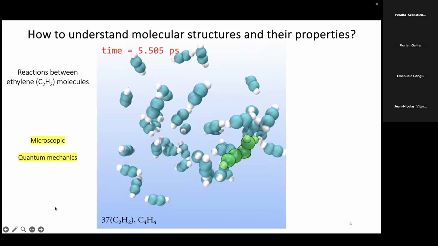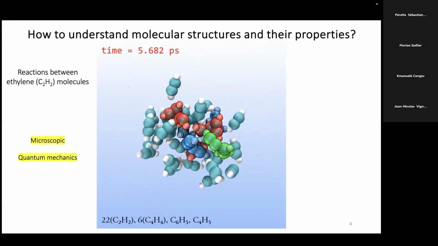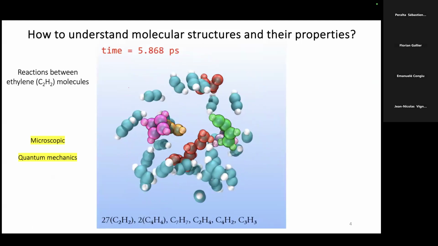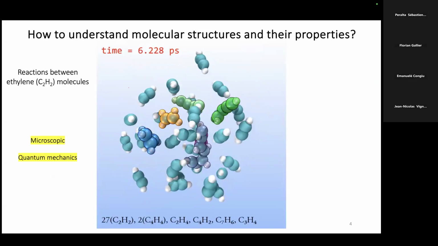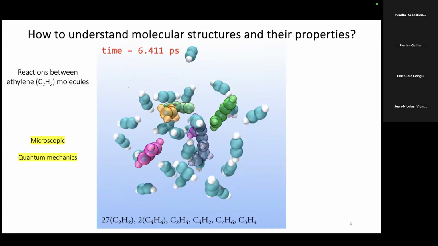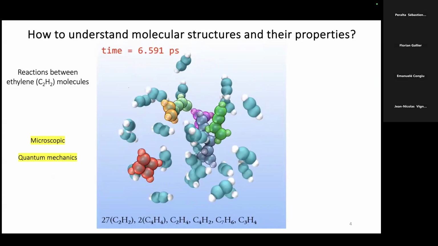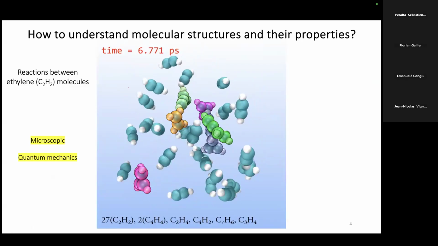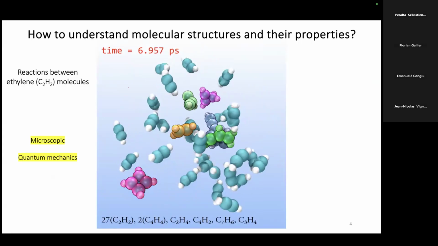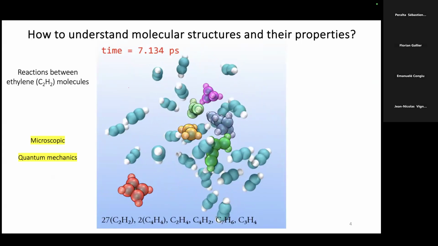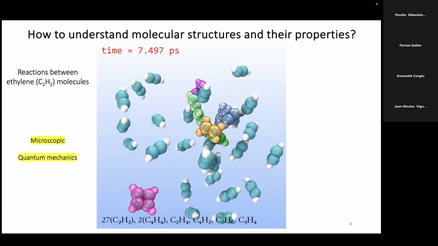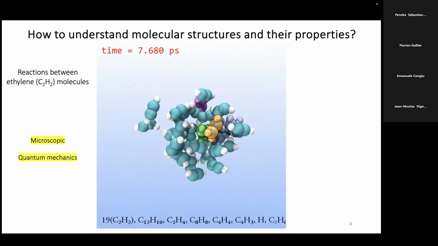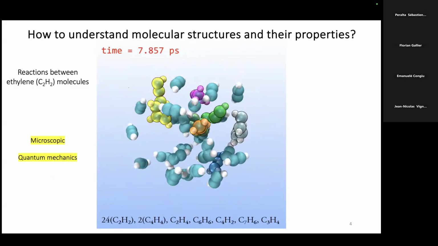So if you run simple molecular dynamics simulations, molecules move here and there, and they may not meet each other. They can move in different directions. So if you want to study the reactions, conventional molecular dynamics simulation may take a very long time.